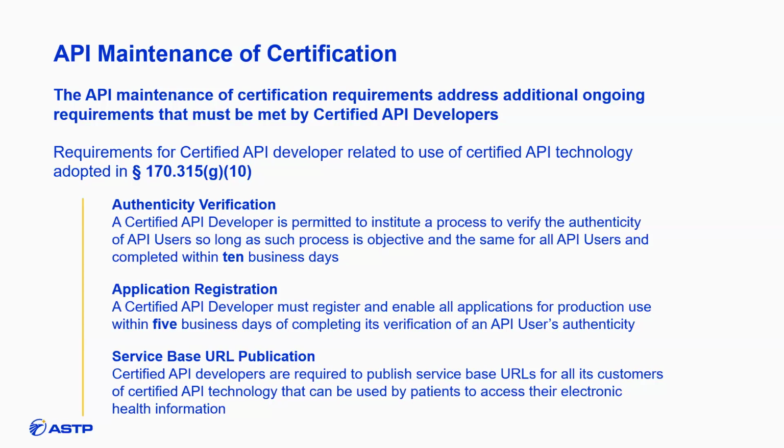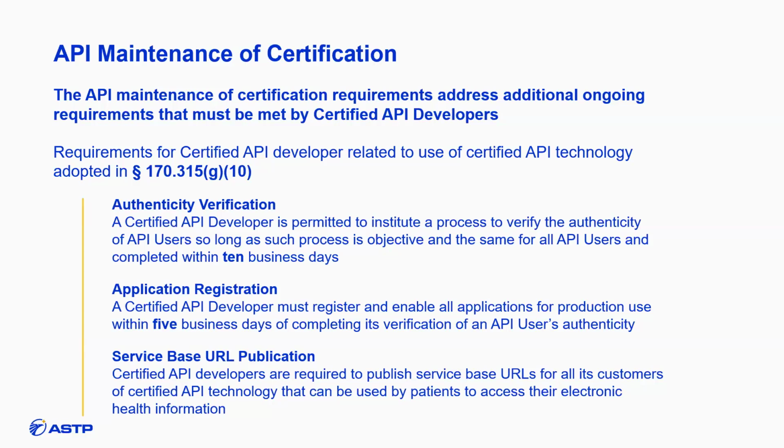I know we've spoken to these throughout this presentation, but wanted to cover here that for authenticity verification, a certified API developer is permitted to institute a process to verify the authenticity of API users, so long as the process is objective and the same for all the API users and is completed within 10 business days.